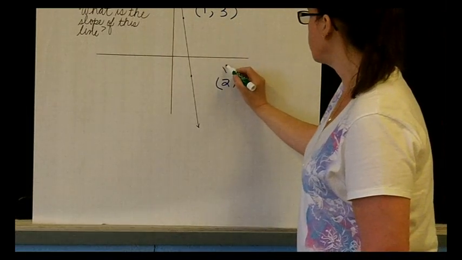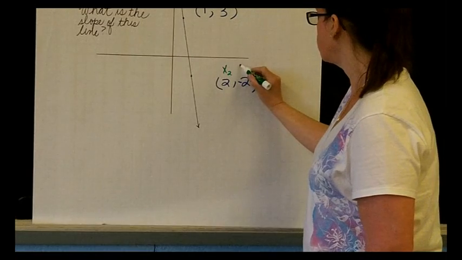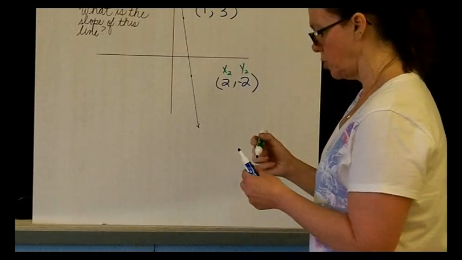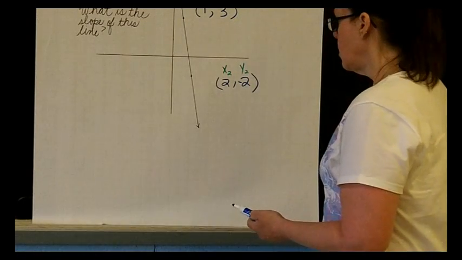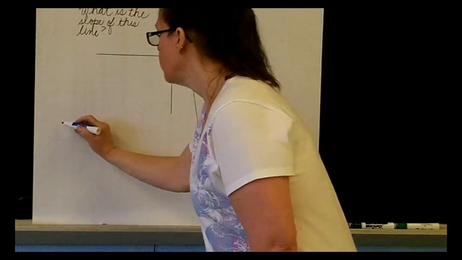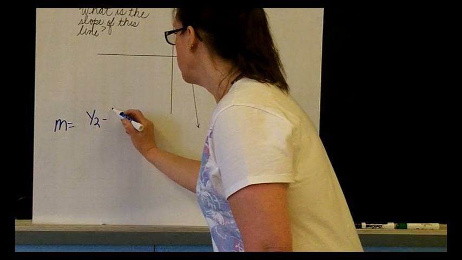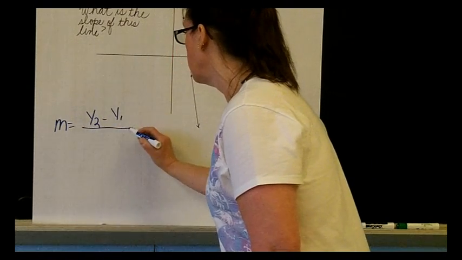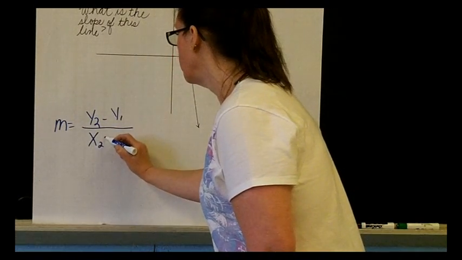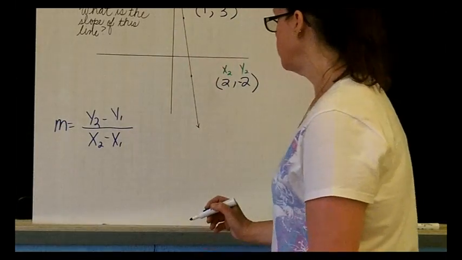And then I'm going to label these as x sub 2, y sub 2. And if you remember, our slope formula is y2 minus y1 over x2 minus x1.